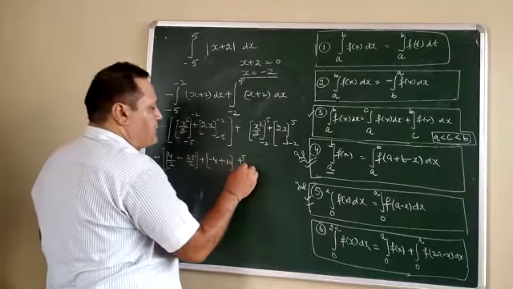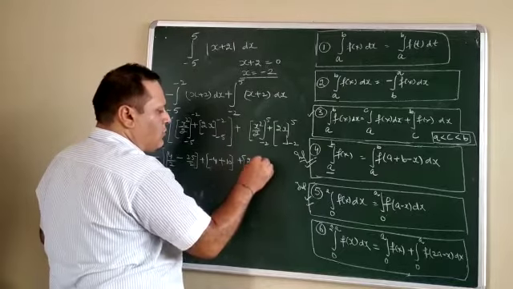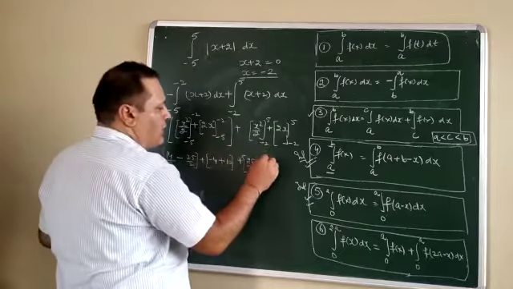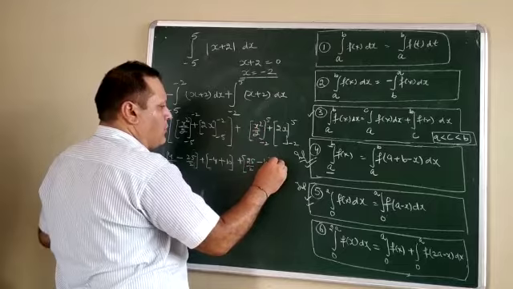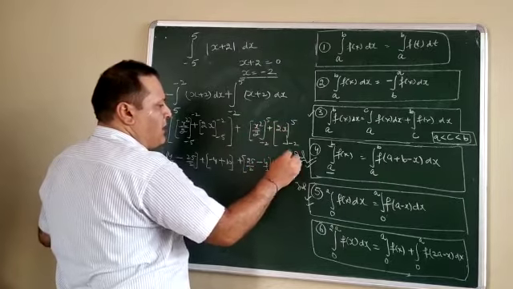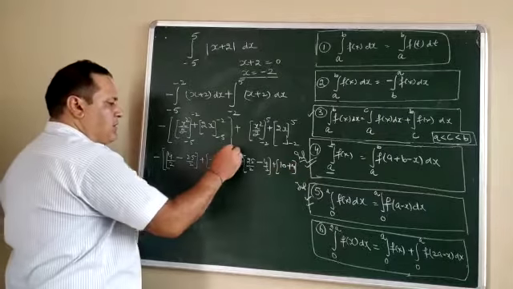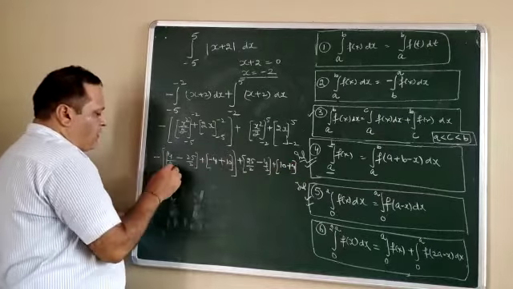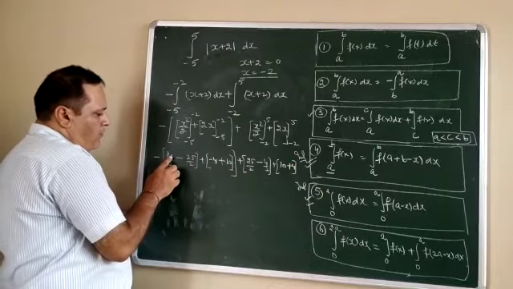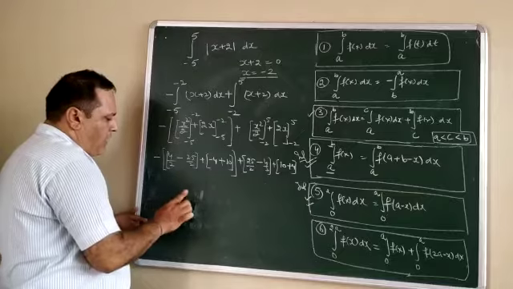Plus in this part it is 5 square, 25 by 2, minus 2 square, it is 4 by 2, plus 2 times 5 is 10, minus 2 times 2 is 4, plus 4. Be careful in calculation. This part contains the negative symbol. It is 4 by 2, 4 minus 25, minus 21 by 2.